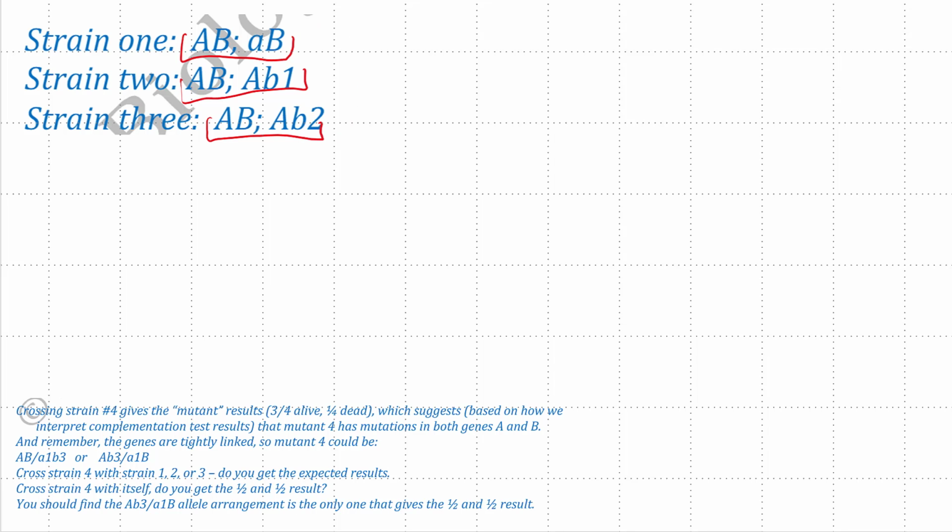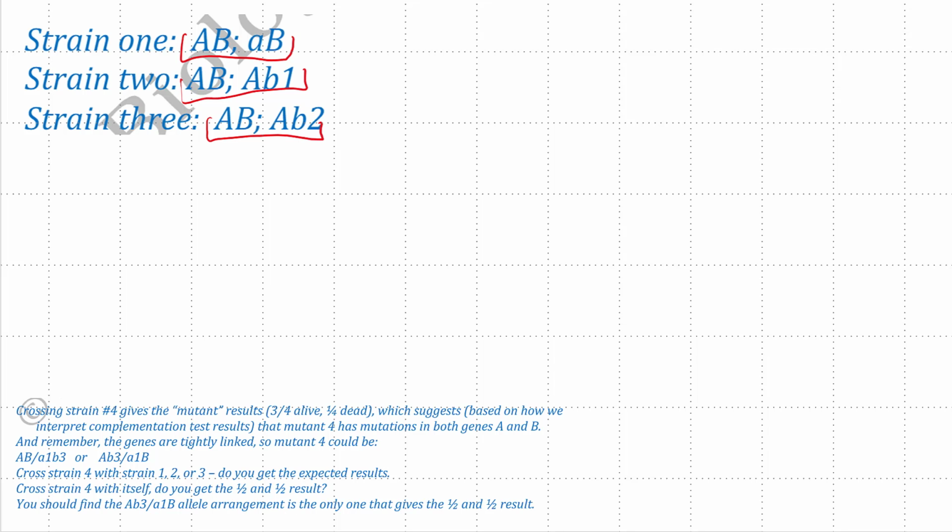So we know that strain 2 and 3 are in the same gene, which means that the new strain 4 must be heterozygote for both of the genes in order for it to also give a 3-to-1 ratio with all of the other strains.